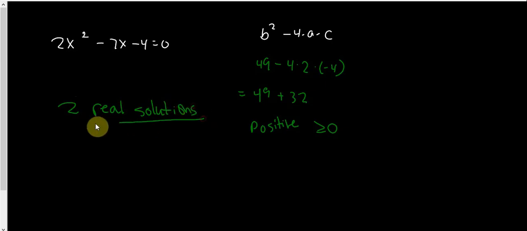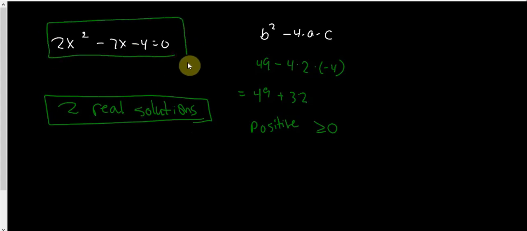Now, all I'm asking you to do for this type of homework is just tell me how many real solutions you have. So you're going to look at this, plug it into the discriminant formula, and tell me if it's positive, you get two real solutions, or if it's negative, or if it's 0. Are you getting one real solution or no real solutions? How many real solutions are you getting? That's all you're doing with that. That's not super difficult.